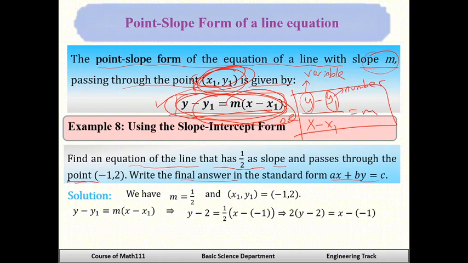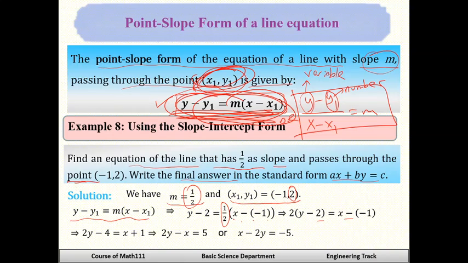First, slope is 1 over 2, and the point on the line is minus 1, 2. We can use this formula, the point slope form, and then y minus 2 equals 1 over 2 slope times x minus 2. So when you multiply both sides with 2, we'll end up with this.